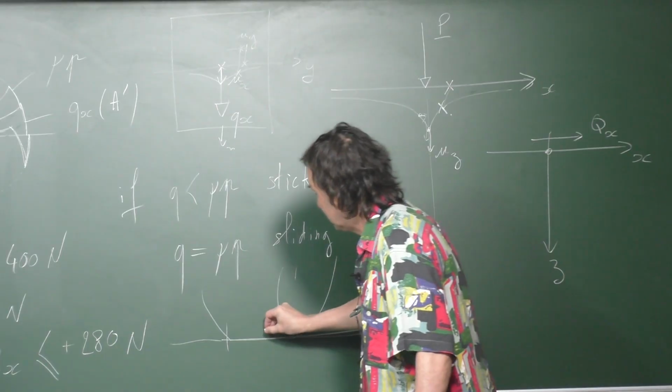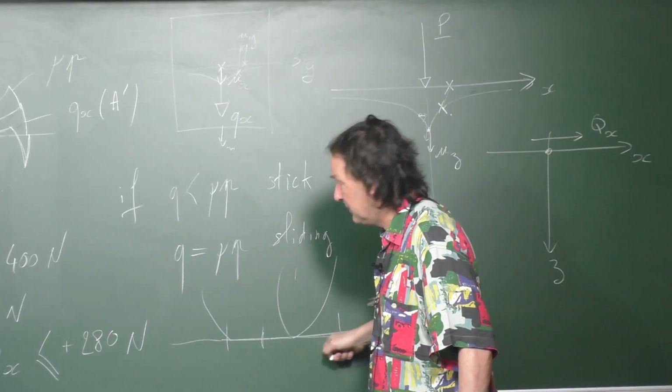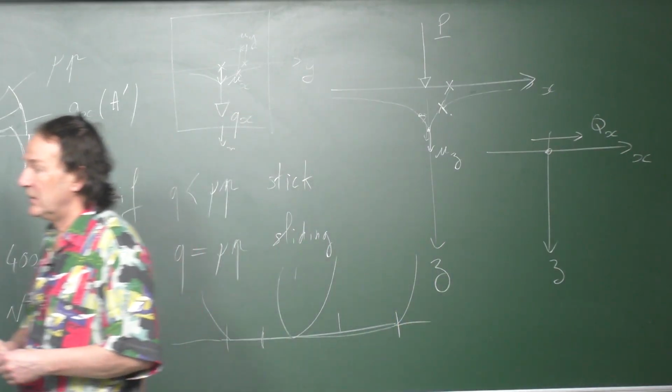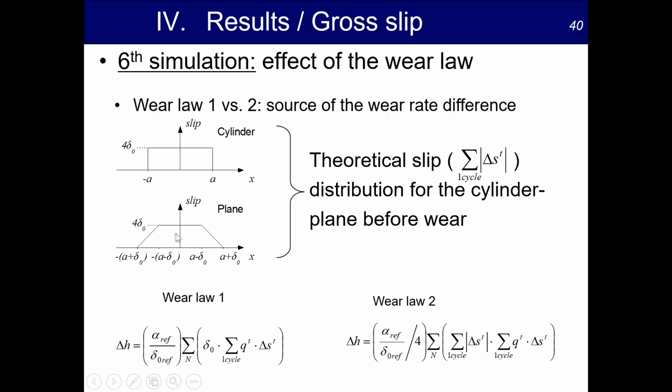Then in the middle of the contact, the middle will be always in contact. This is why here you have a flat surface. The slip is always the same, but at the border the slip diminishes to zero.